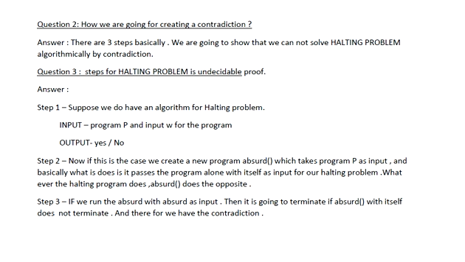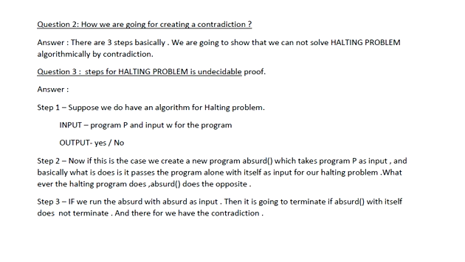Now in the second step we will create another program called absorb, and absorb will call the halting problem with input P, and then call itself, and this program will show the opposite result of what the halting problem shows, meaning the negation of the result of the first step.